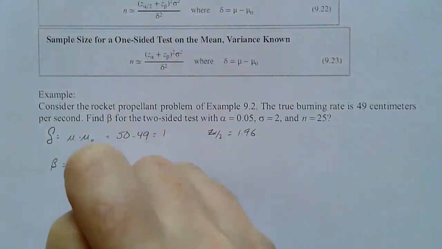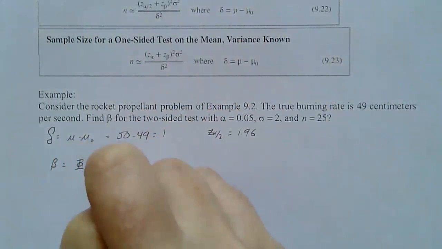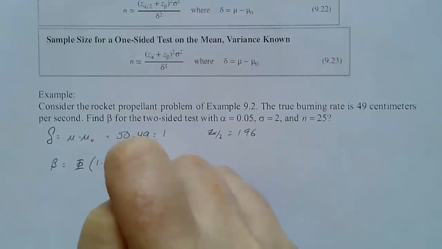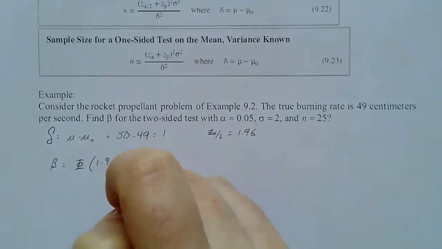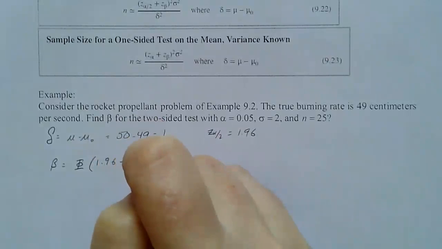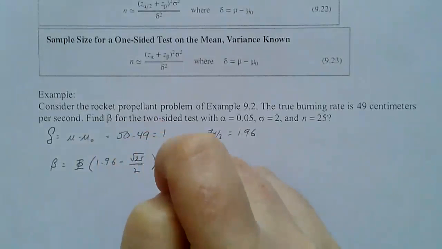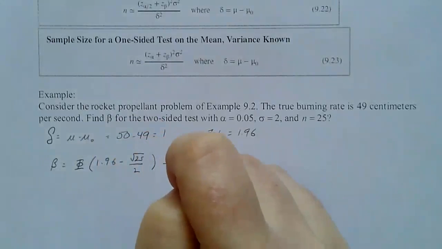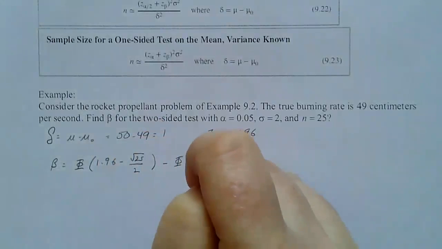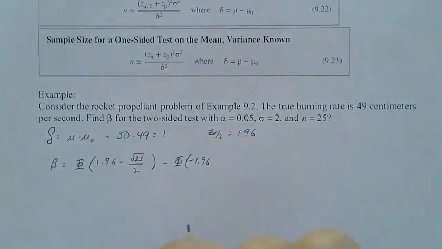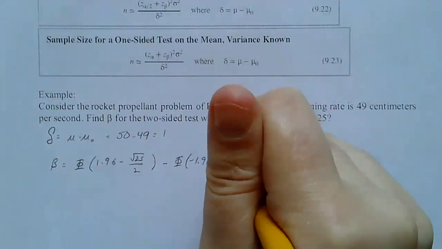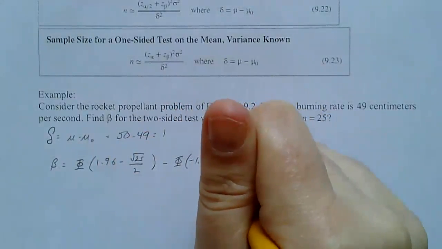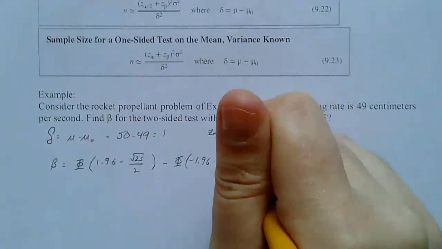So that's z of alpha over 2, 1.96, minus the square root of 25, because that's our n, divided by the standard deviation, which was 2. And we're going to subtract that from the z statistic for negative 1.96, and subtract the square root of 25, which is our n, divided by the standard deviation, which was 2.